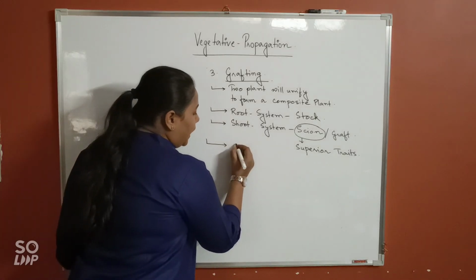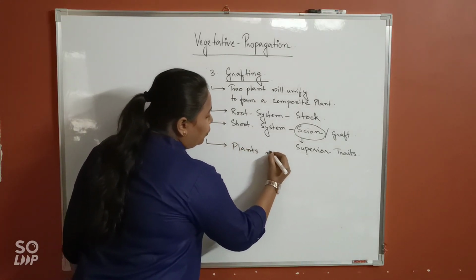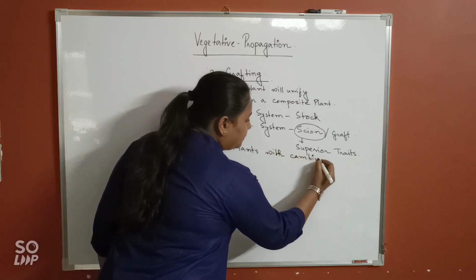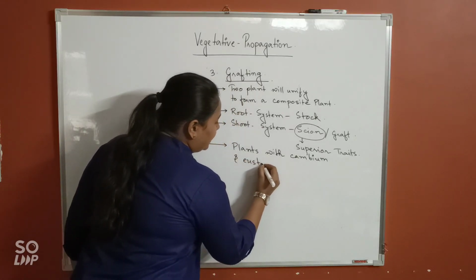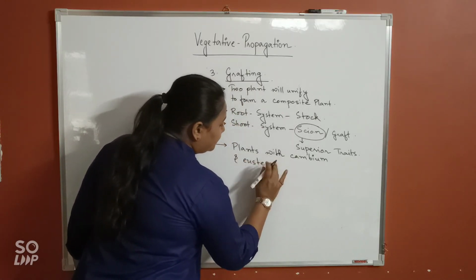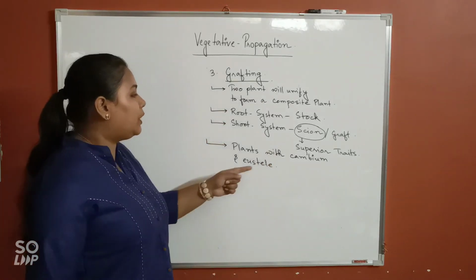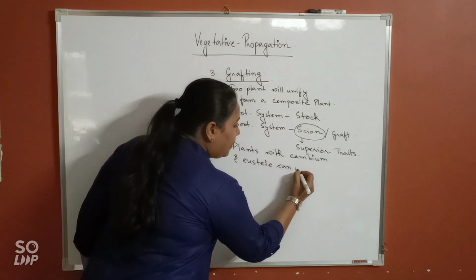So it is to be done in plants with cambium and eustele. Plants with cambium and eustele can only participate.